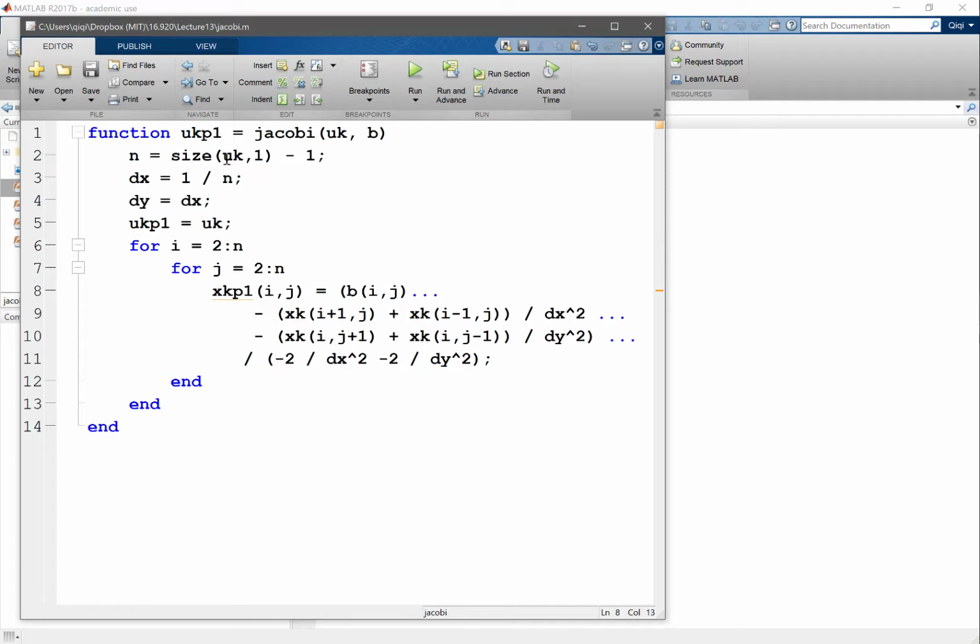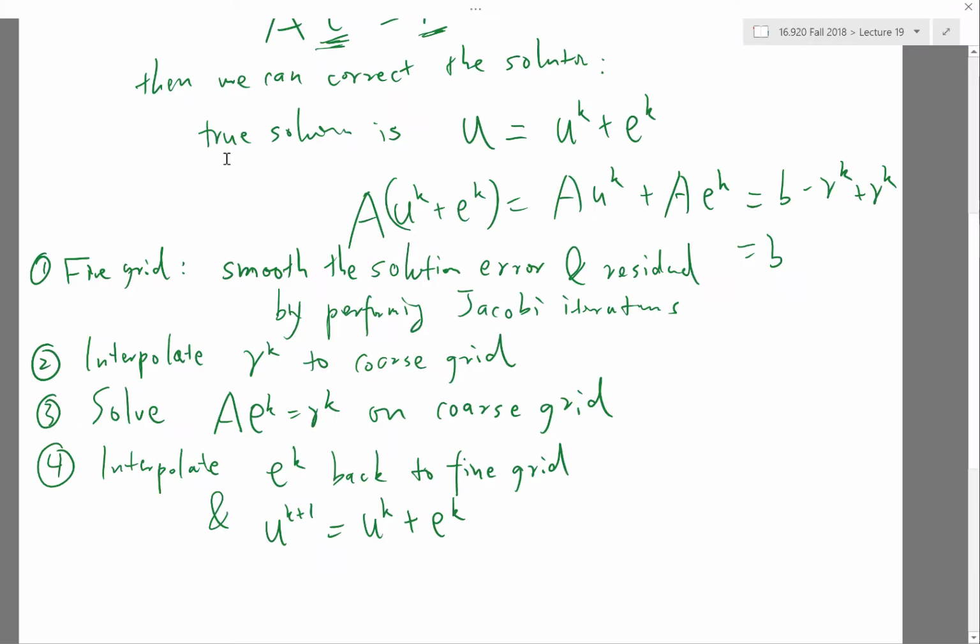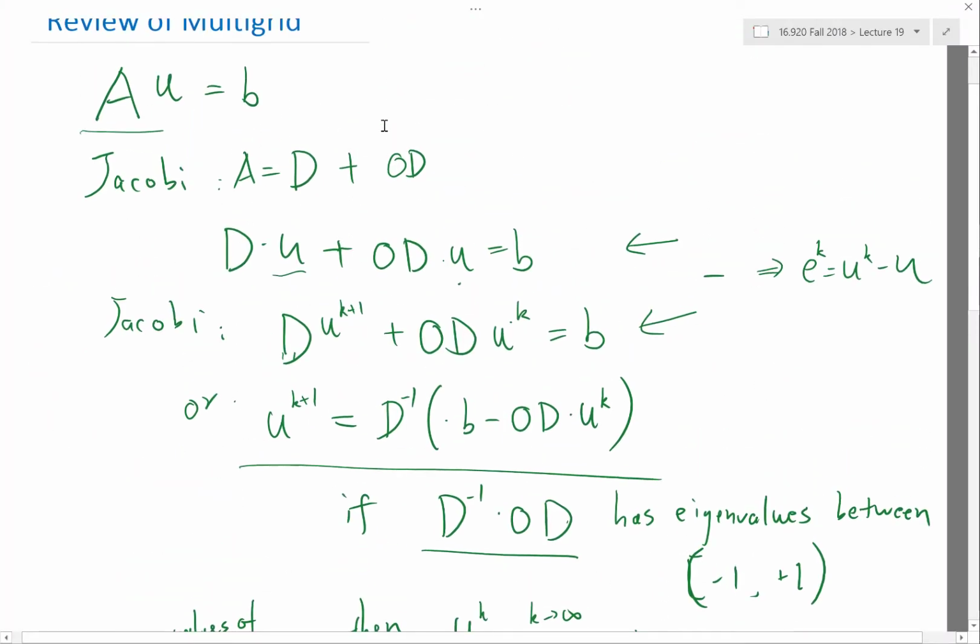Since in our case our boundaries are set to 0, we don't even need this line. We can basically set UK plus 1 equal to all zeros. And then UK plus 1 is computed using the Jacobi formula: D inverse times B minus the off-diagonal part times UK.